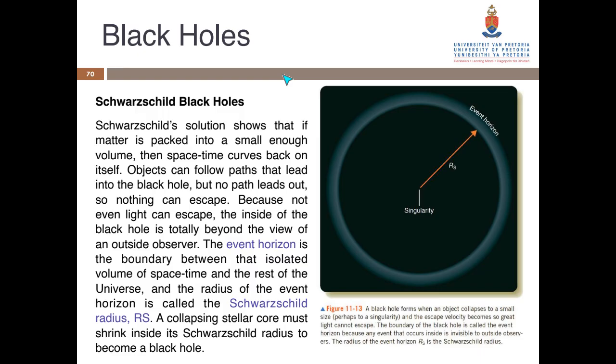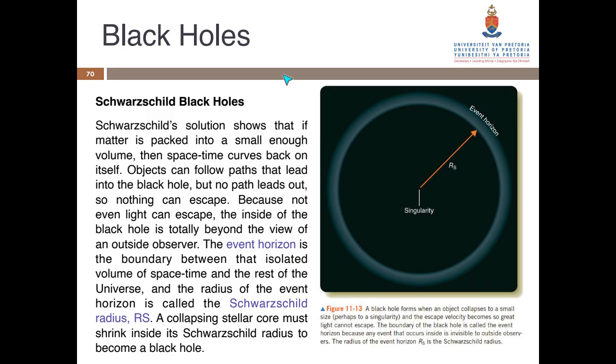So Schwarzschild's solution shows that if matter is packed into a small enough volume, then space-time curves back on itself. And objects can follow paths that lead into the black hole, but no path leads out. So nothing can escape. Because not even light can escape, the inside of the black hole is totally beyond the view of an outside observer.